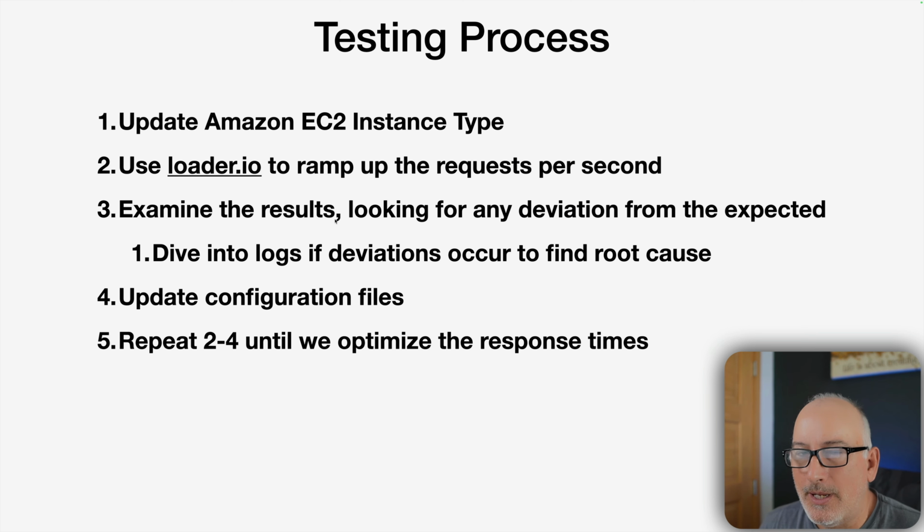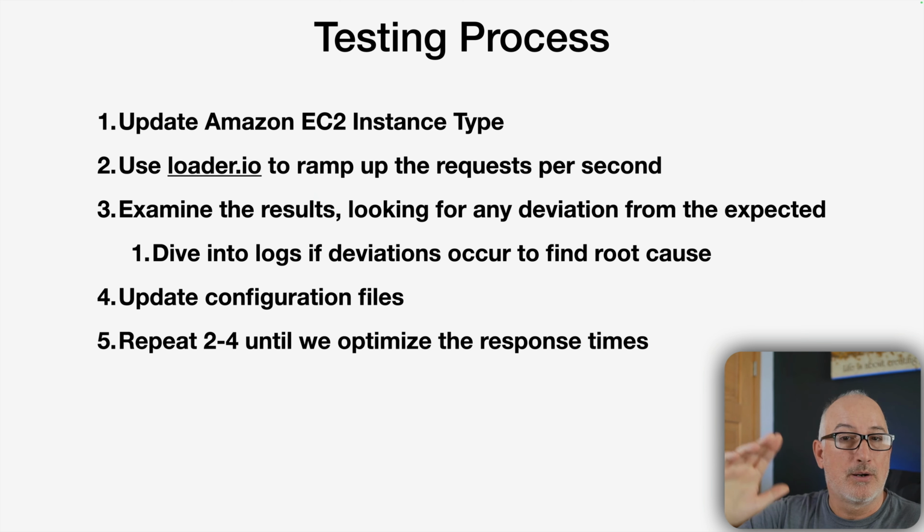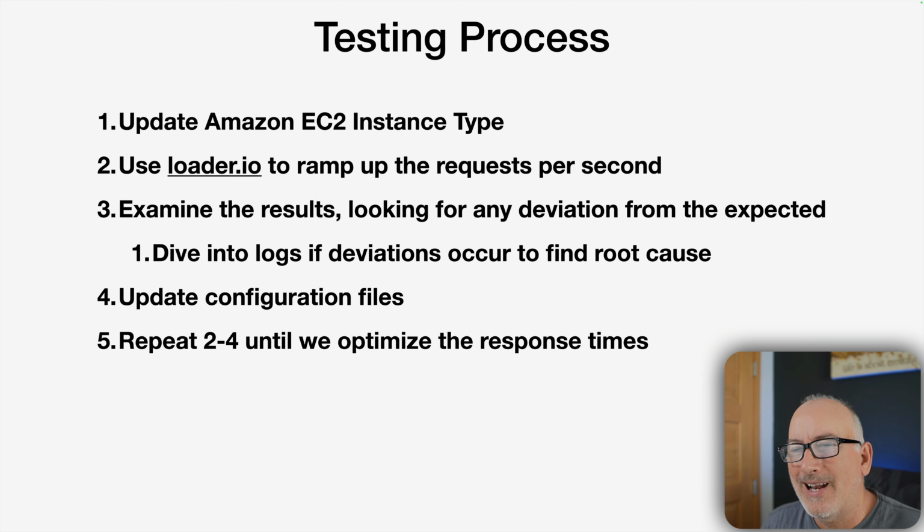When we look at those results, we have that expectation of zero errors. If I see that I have errors, I need to dig into my logs. I'll probably dig into my logs regardless, just to make sure that there's nothing happening that I'm not seeing in the results, and also any deviation from my expected results. So if my response time is not linear, but maybe it starts to hook up and increase dramatically, then I need to dive into the logs and figure out why that's happening.